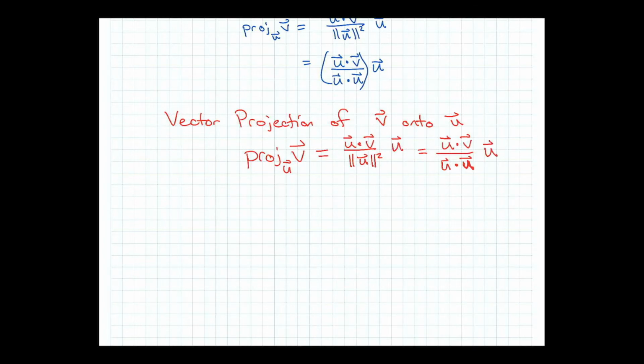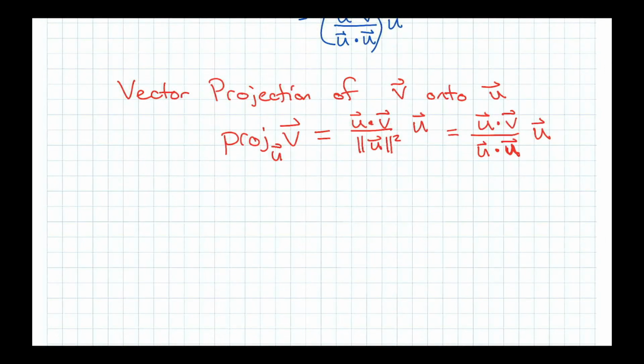You have to work hard to remember this. Everything here is a u except for this one v: four u's and a single v. So just be careful to remember that, and it can help you remember that there's one single v there.